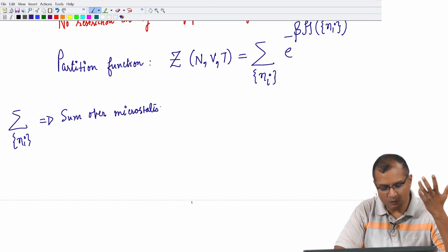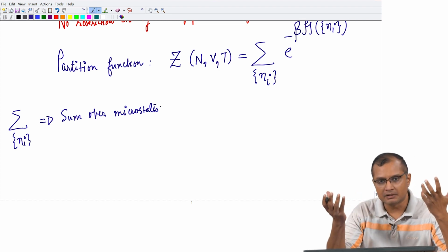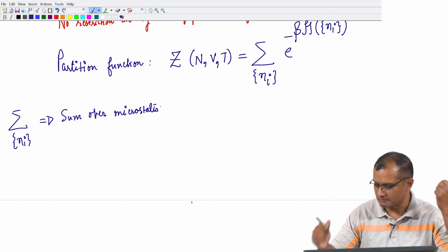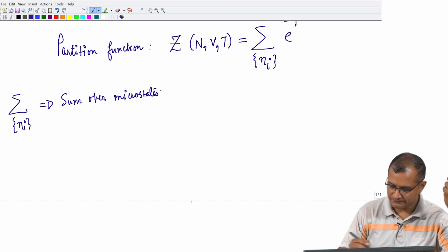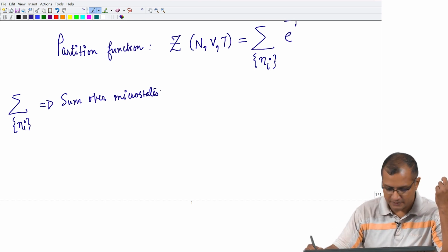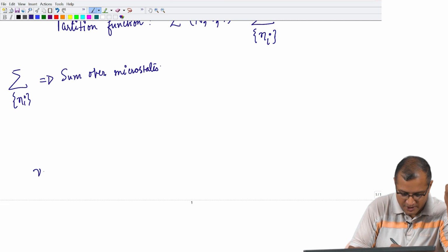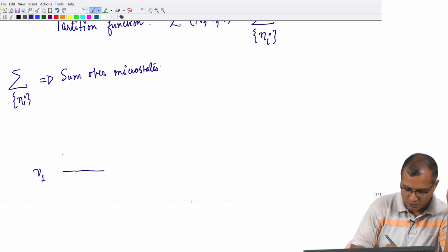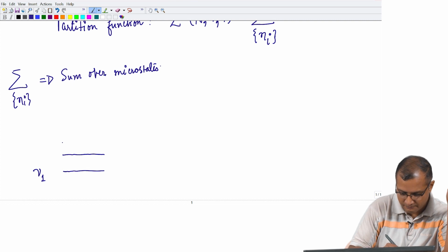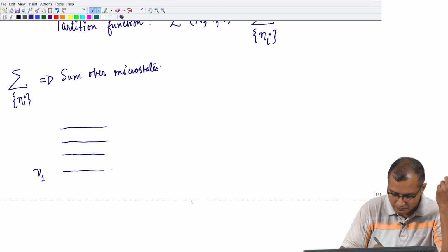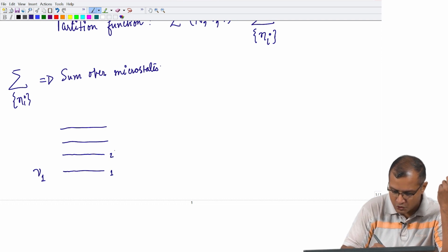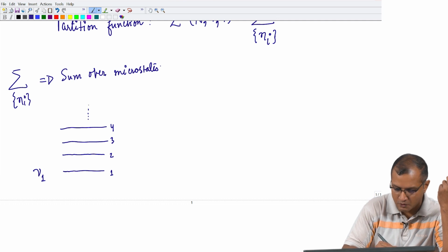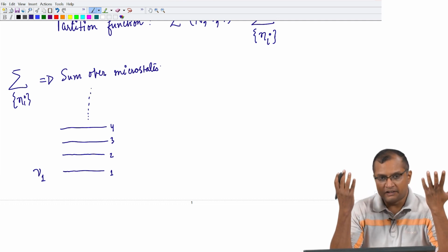Okay. So, how is the sum implemented, how do we visualize in our heads this sum? Well, you take one microstate. So, I am going to write down one microstate, microstate mu 1. In this microstate you could have the energy levels, let us say energy level 1, 2, 3, 4 and so on, in infinite energy levels.